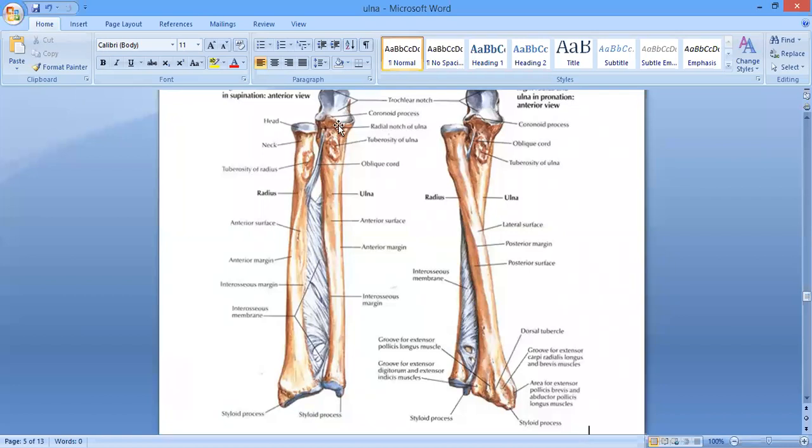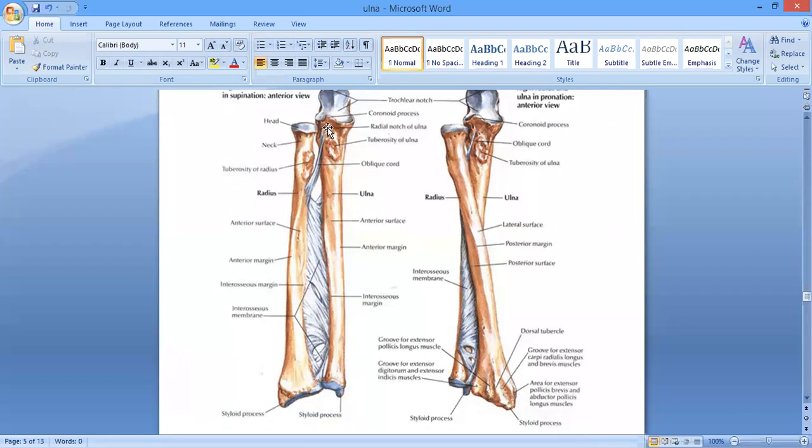At the junction of this anterior inferior surface with the body, the shaft, you can see again a roughened elevated area that is called the tuberosity of the ulna, or the ulnar tuberosity.